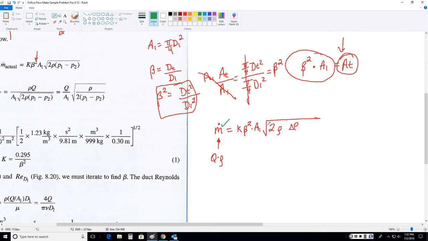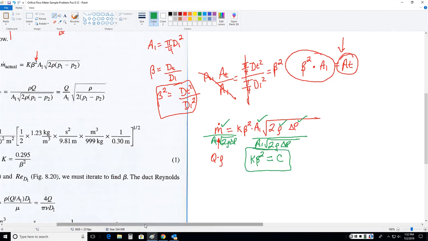You have this, you have this, you have this, and you have that. So you can treat K beta squared as some type of constant. If you divide by A1 square root of 2 rho delta P on both sides, you end up with this right here.